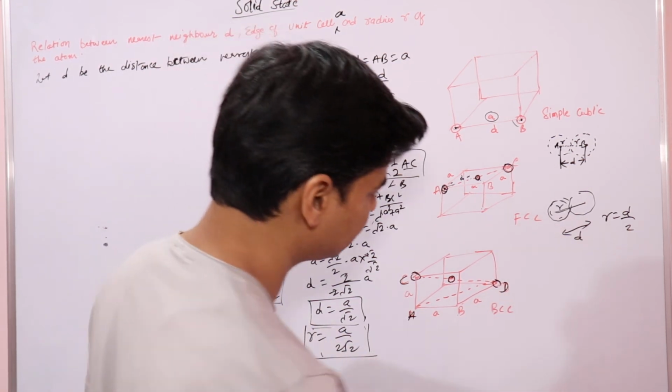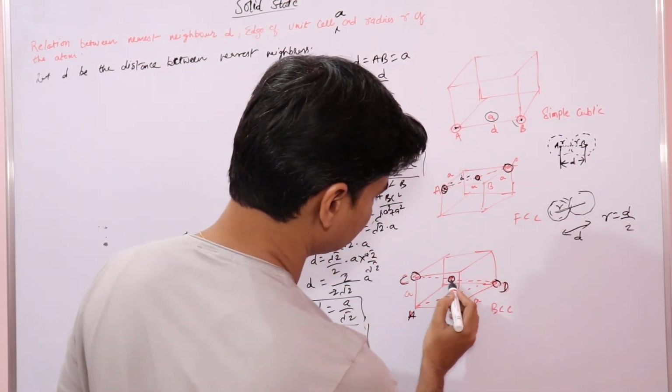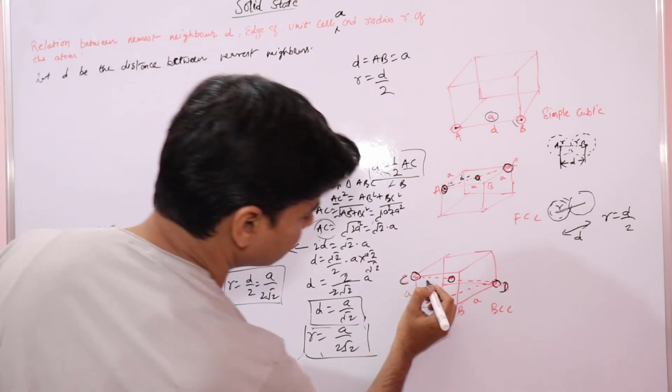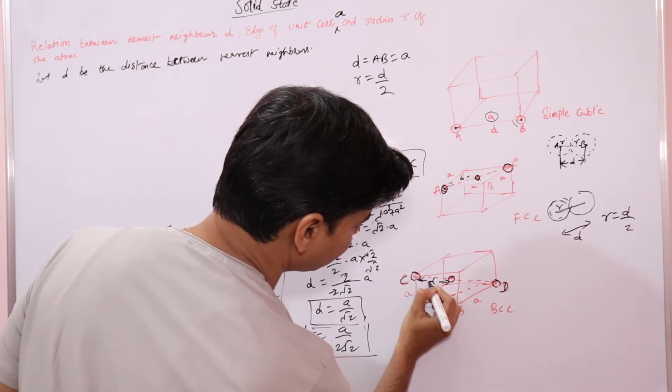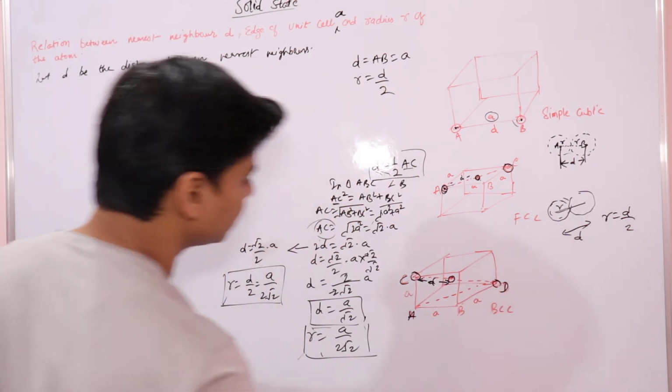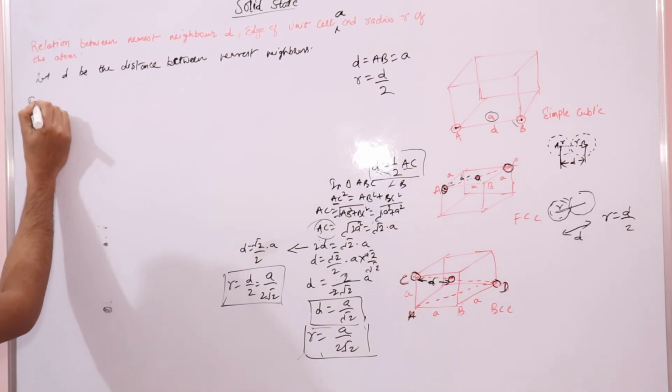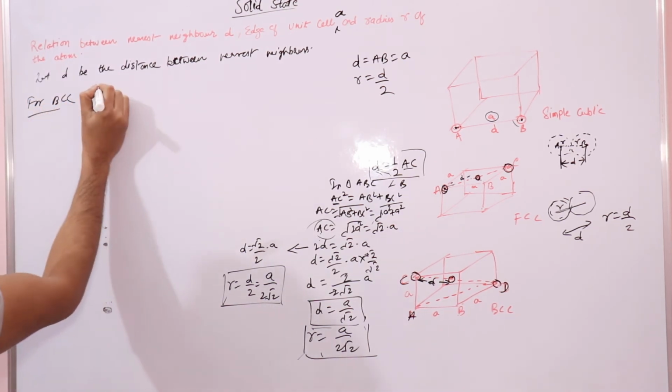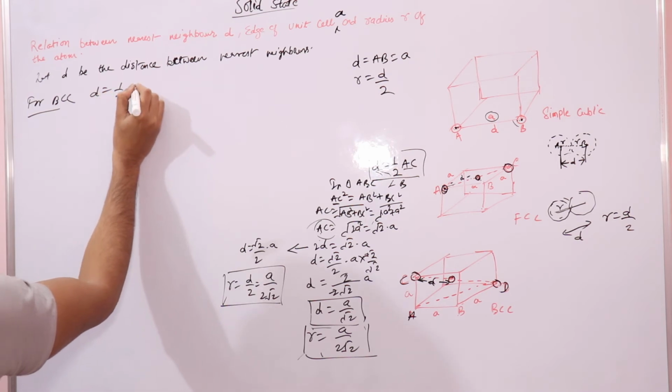If we consider this triangle, this is your D, and this D is half of CD. This is for BCC.